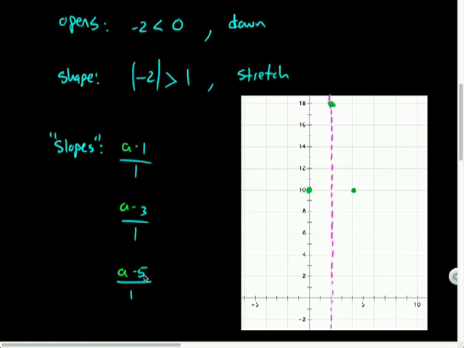What's a equal to in this case? Negative 2. So negative 2 times 1, negative 2 times 3, and negative 2 times 5. What are these slopes equal to? That would be negative 2 over 1, negative 6 over 1, and negative 10 over 1.